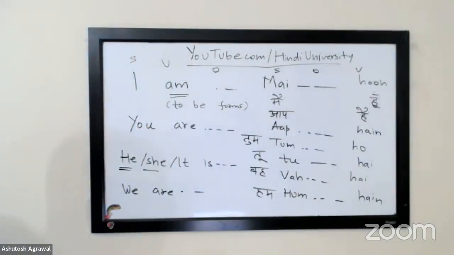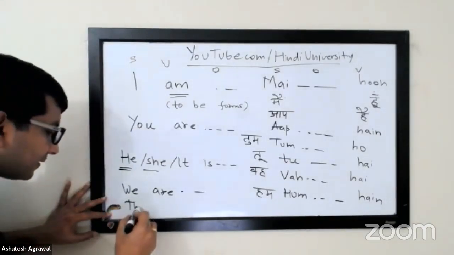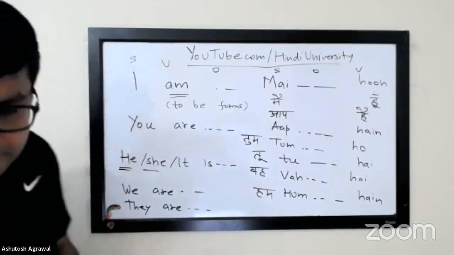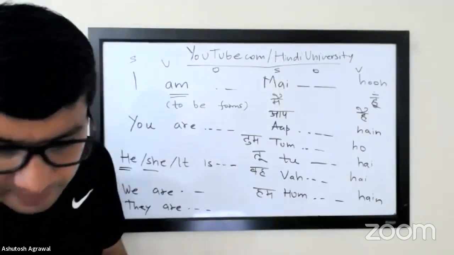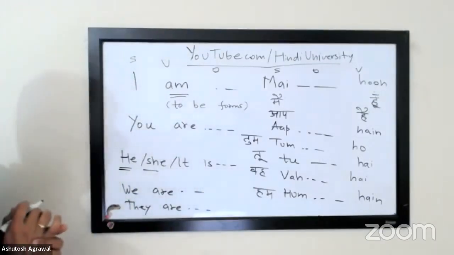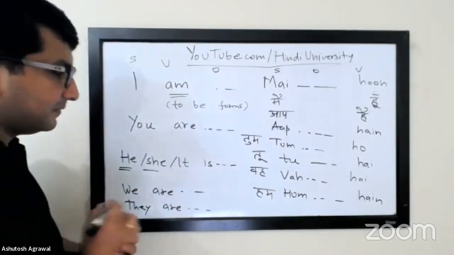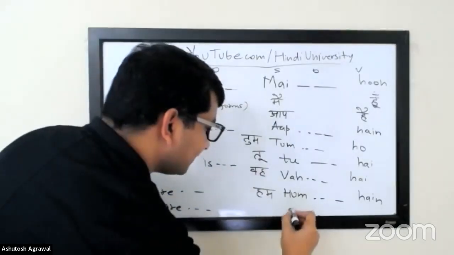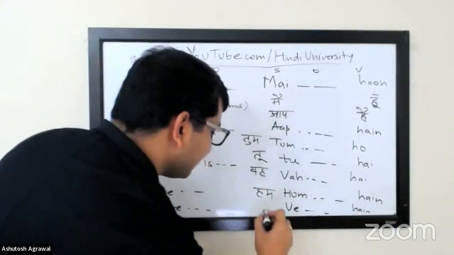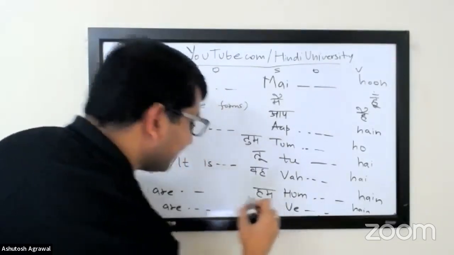And then I think we didn't cover "they are." Samantha ji, what do you think "they are" would be? वे हैं. Awesome. वे हैं.